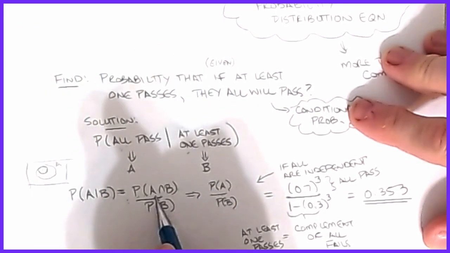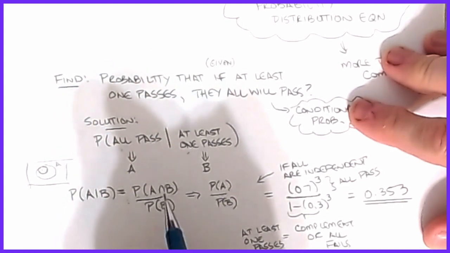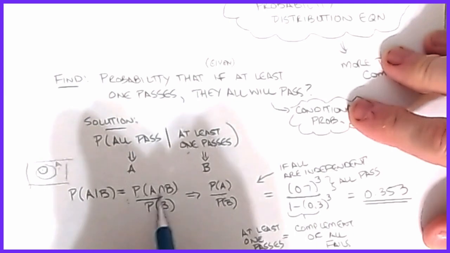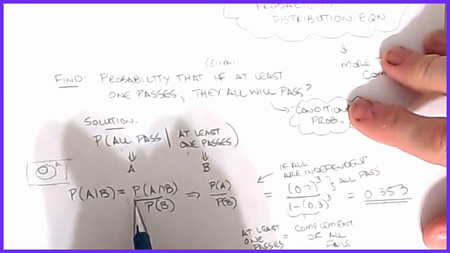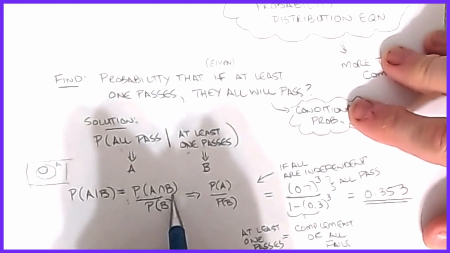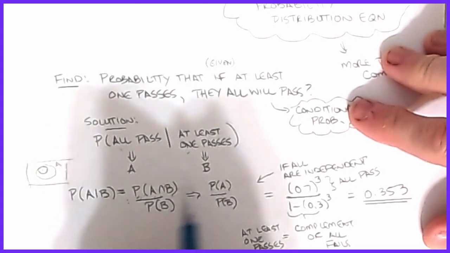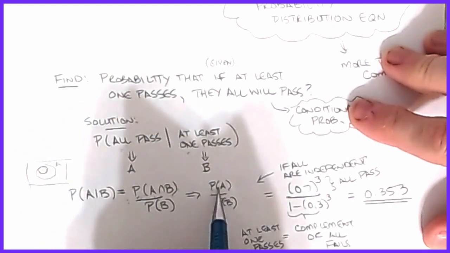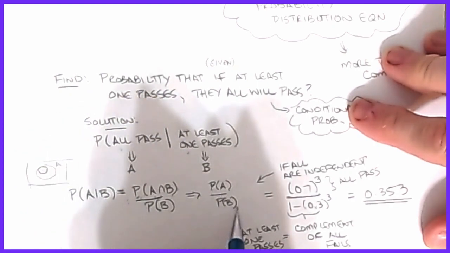So what we do is we modify this formula. Again, this is one of those reasons I say, don't memorize formulas blindly. You have to understand what it's saying and be able to reason your way through, right? So that's why I can make this substitution that the probability of A intersect B is just the probability of A. And so the probability of this conditional is the probability of A divided by the probability of B.